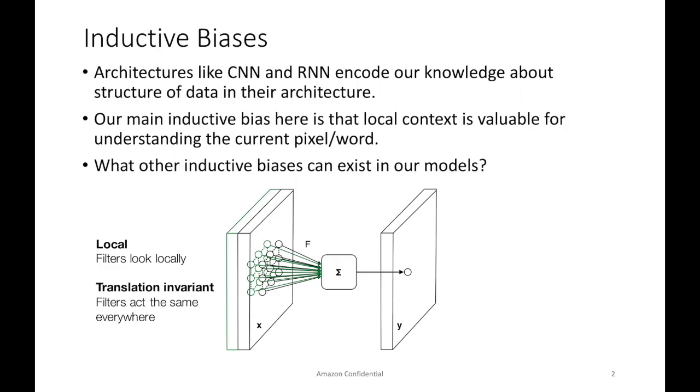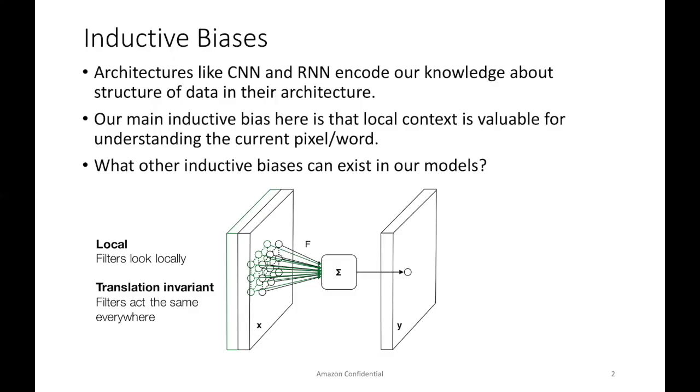For example, in recurrent neural networks, we assume that any data that came just before the current time step, or any data that comes right after it, is more important for making a decision at this point in time.